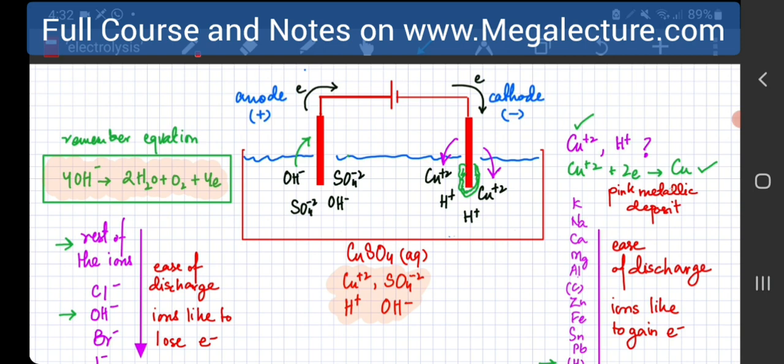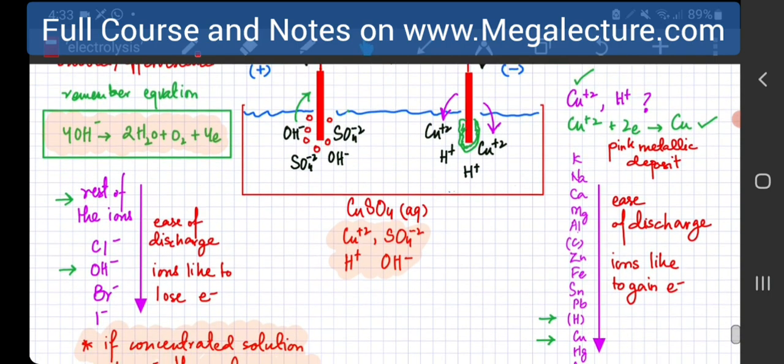And on the other side, your anode side, oxygen gas is being produced. And whenever oxygen gas or any colorless gas is produced, you're going to notice lots of bubbles. So you can see bubbles forming at this side, and bubbles are effervescence. Effervescence is the term that's given when bubbles get formed. So whenever oxygen gas is produced, bubbles would be seen.